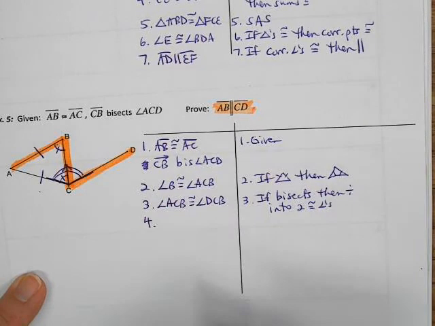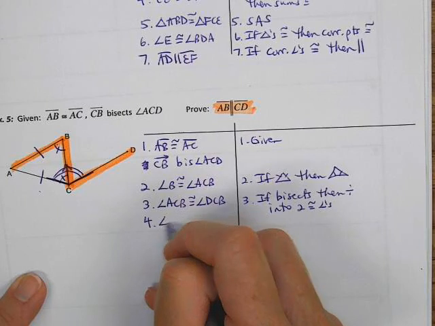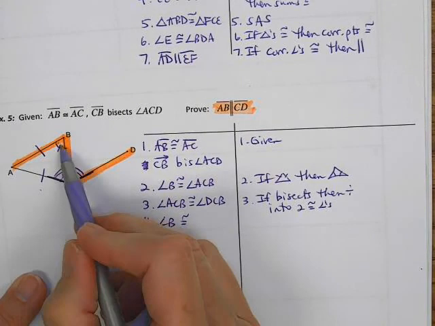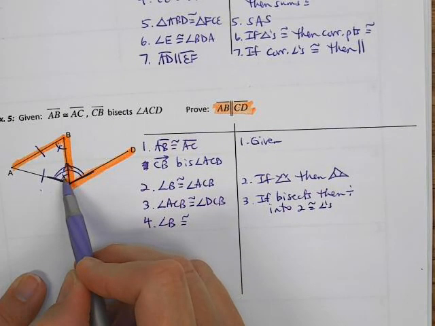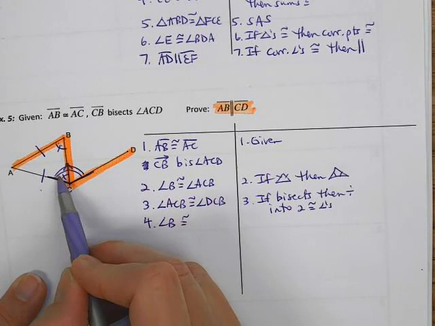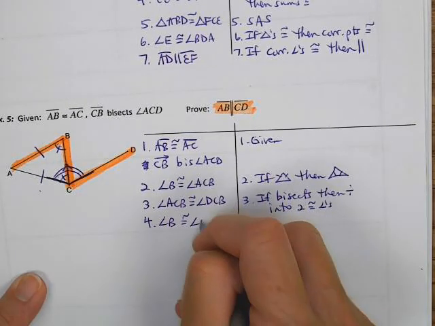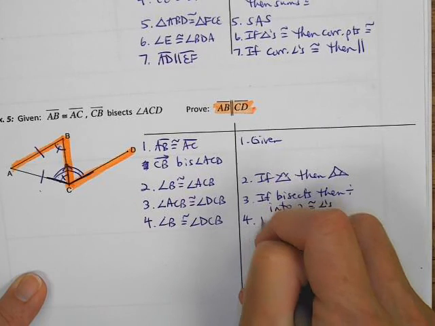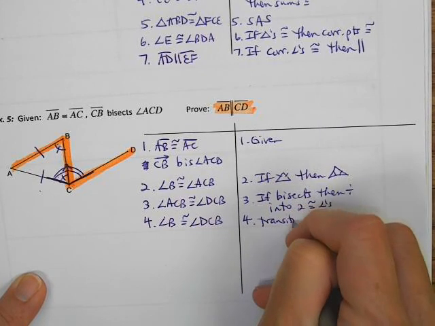So I'm going to hook up using transitive angle B, right, which matched this one by if sides then angles, and then by bisect this one matched this one, angle DCB. That's transitive.